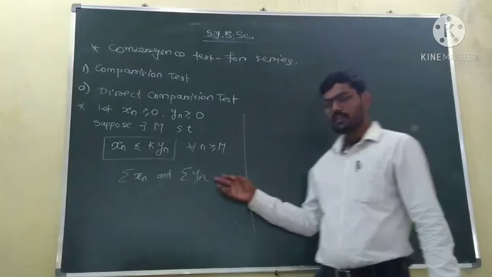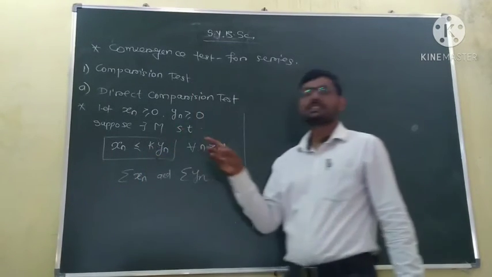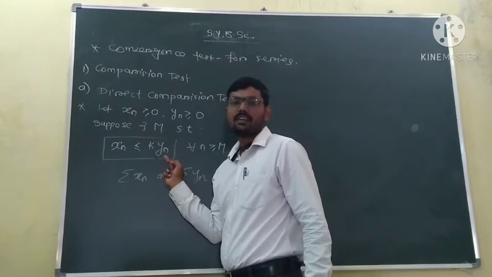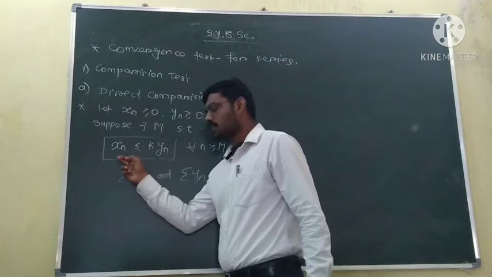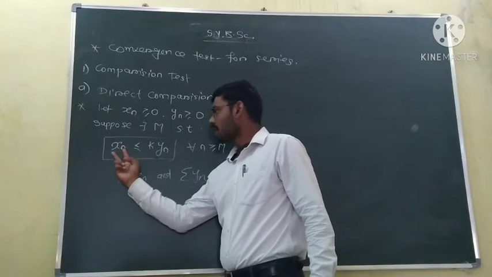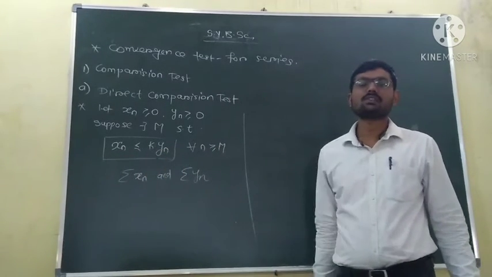If this is the case, then the direct comparison test says if the bigger series yn is convergent, then the smaller series is also convergent, and if the smaller series is divergent, then the greater series is also divergent.